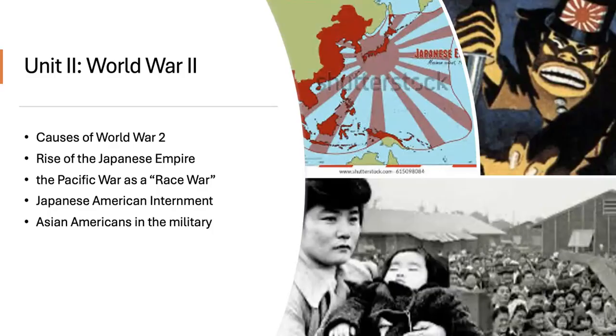And then we'll move on to a very important chapter in Asian American history, which was Japanese American internment following Pearl Harbor. Some of you may have heard about this, how Japanese Americans, citizens and non-citizens, were all interned, imprisoned in concentration camps during World War II.